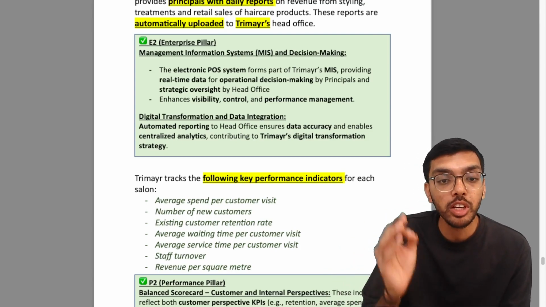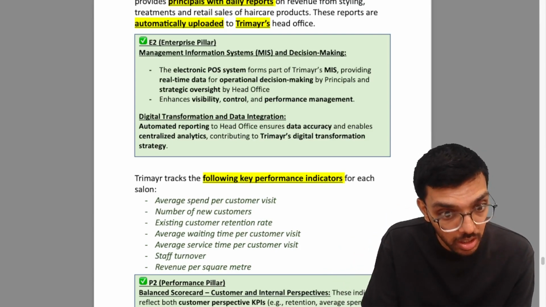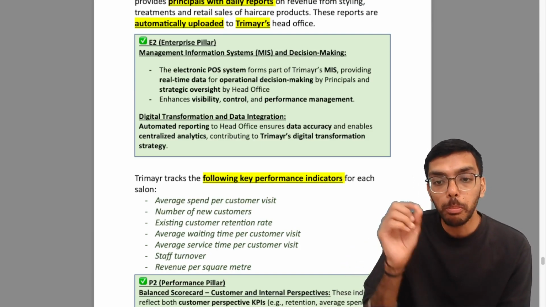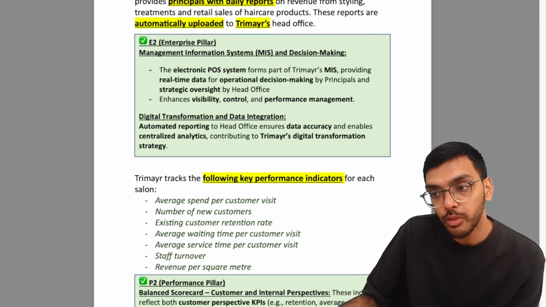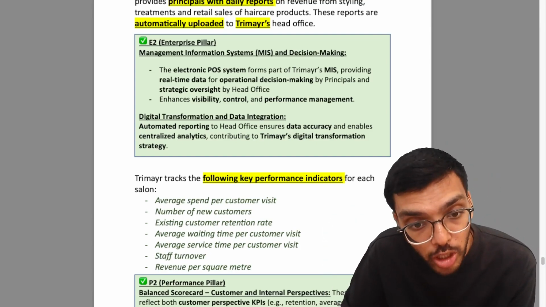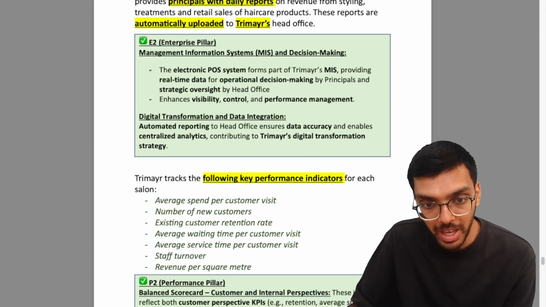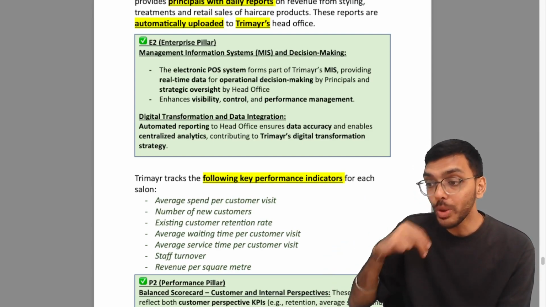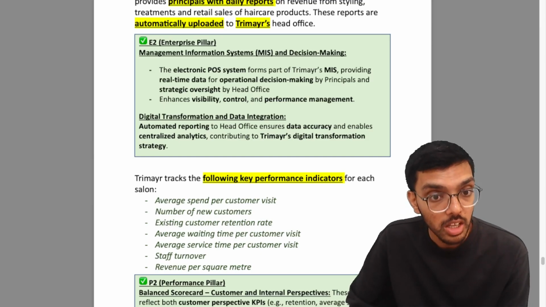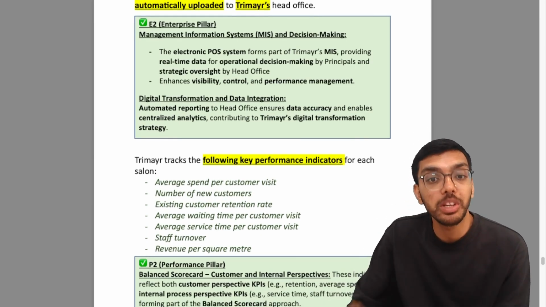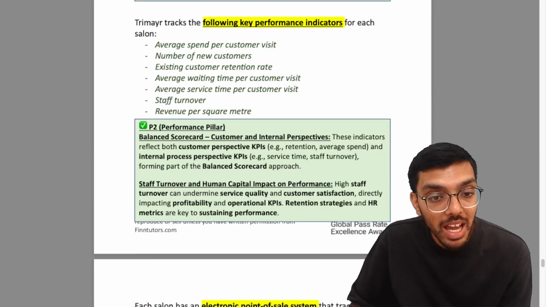High staff turnover is important along with that. So please make sure you are aware that, okay, customer service is important to Trimayr. Staff turnover is important to Trimayr. Then how quickly we serve the customer is important to Trimayr. These are important aspects for Trimayr because these are my major KPIs.